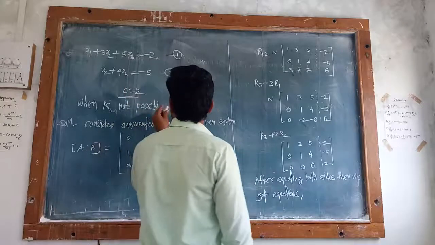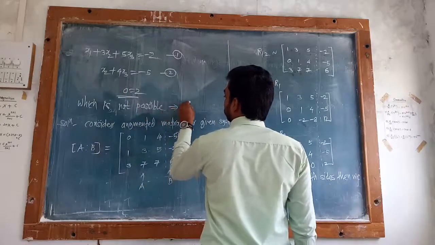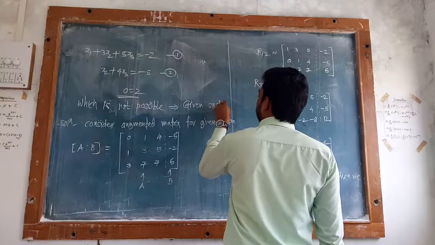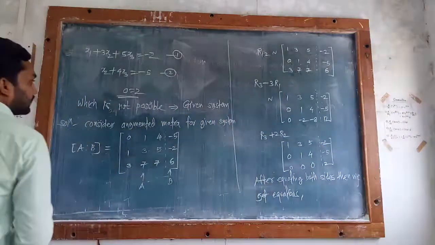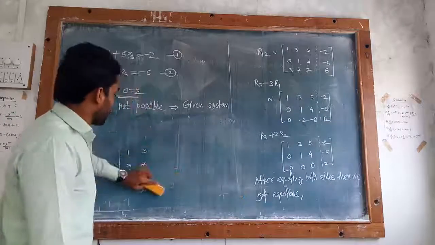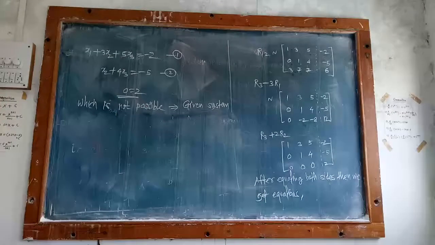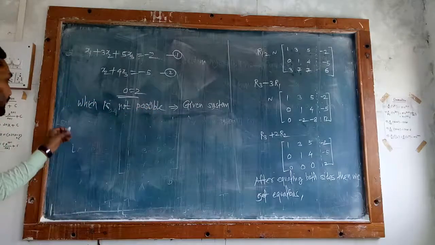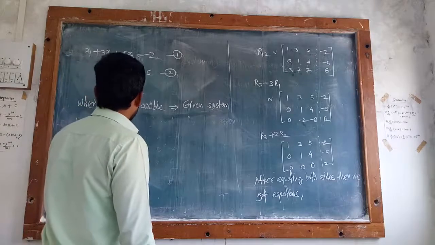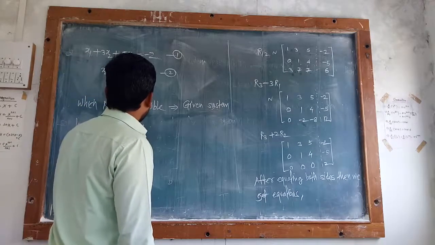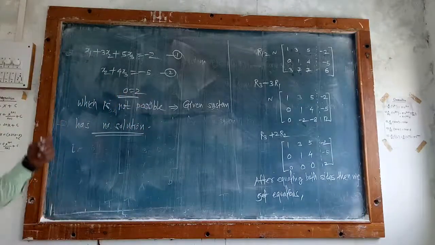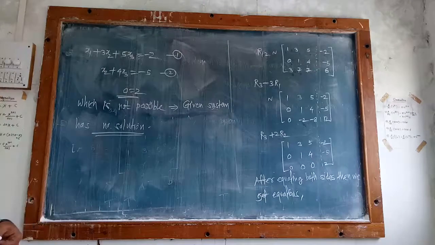Therefore, the given system has no solution, right? If the system has no solution, then the given linear system is inconsistent, right?